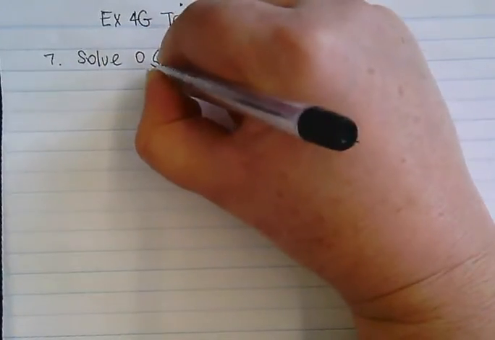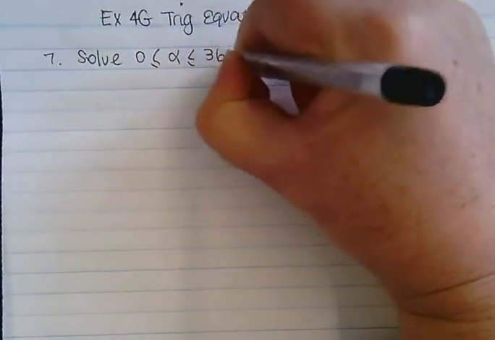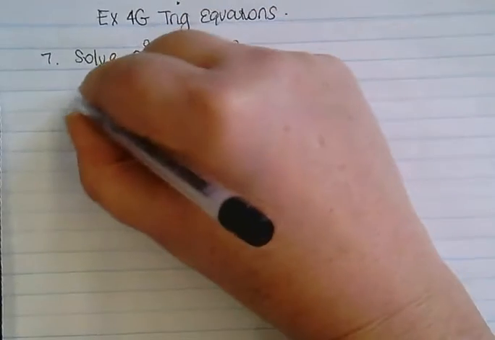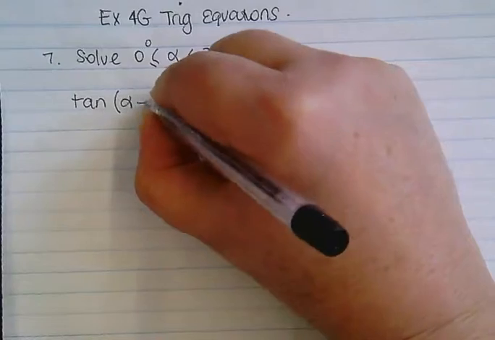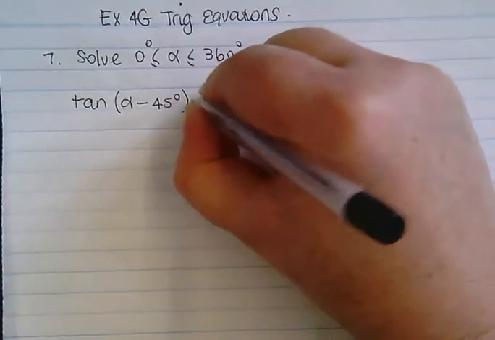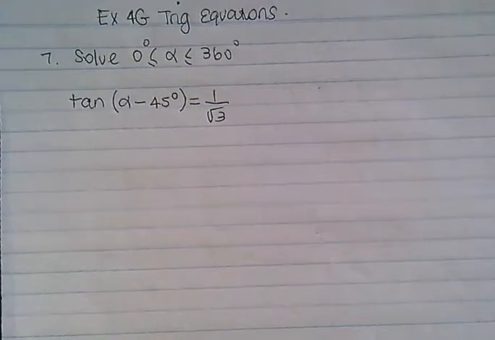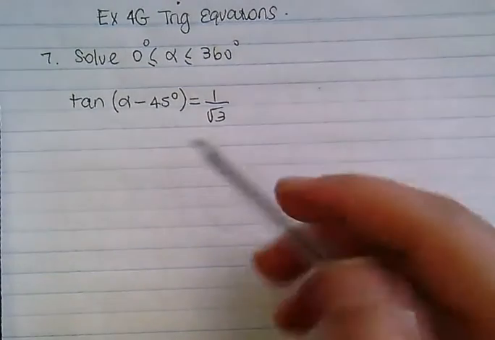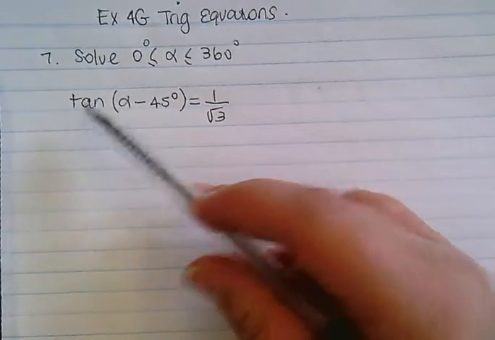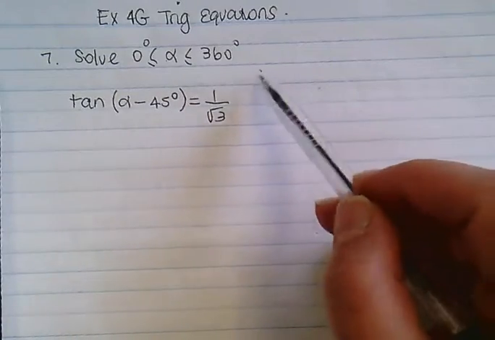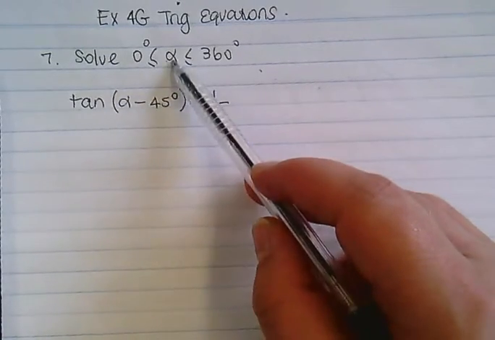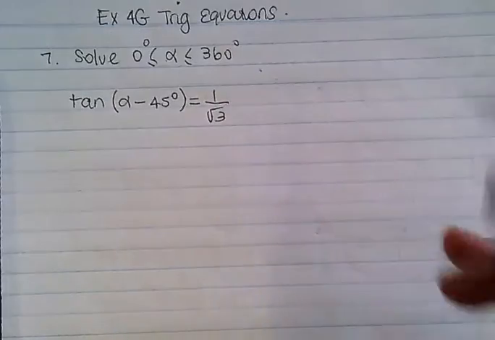Okay. We're going to solve from 0 to 360 angle alpha. We're solving this: tan of alpha minus 45 degrees equals 1 on root 3. Now, you know when I did tan of 2 alpha, you would have multiplied each of these by 2, wouldn't you? I've got a new domain. The domain for alpha is from 0 to 360.